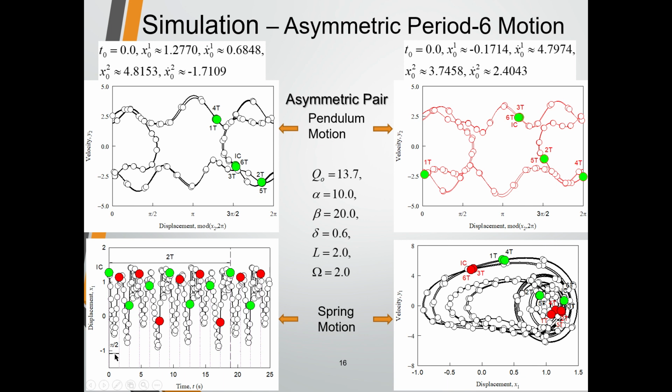And once again, if you look carefully, you'll see that between the periodic nodes of the black branch and the red branch, there is always a phase difference of pi/2.